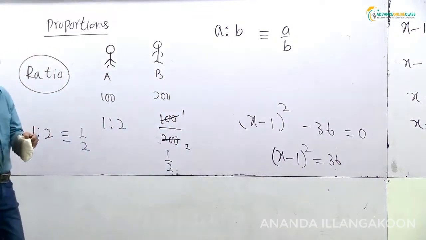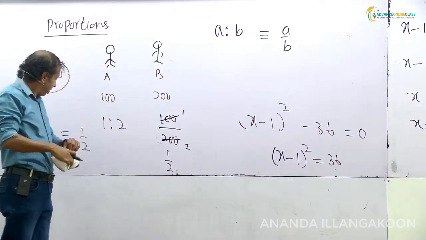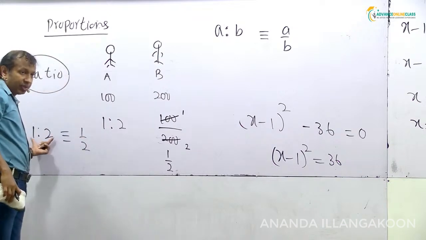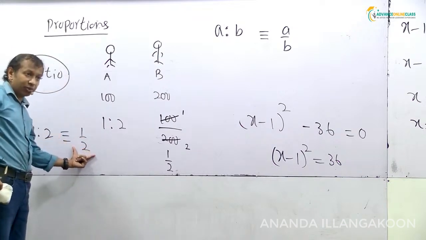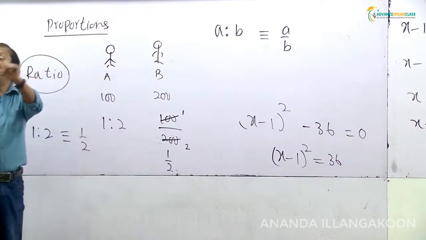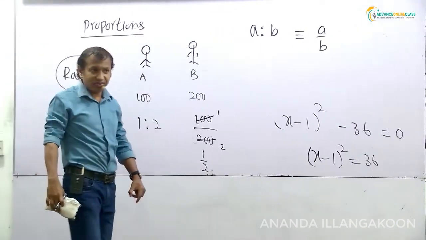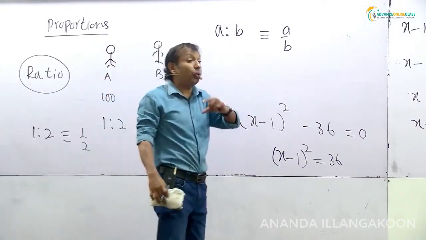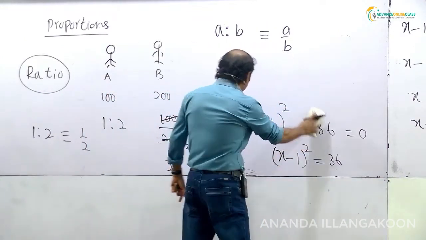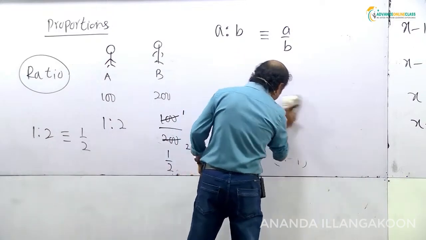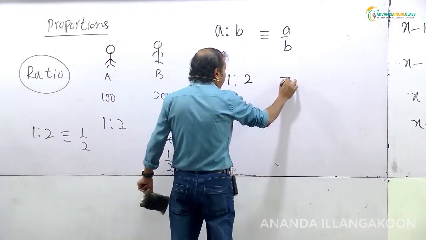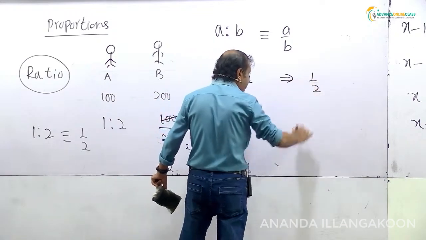Proportion means, people, two equal ratios. Tell me, 1 is to 2 is a ratio. The corresponding fraction is half.